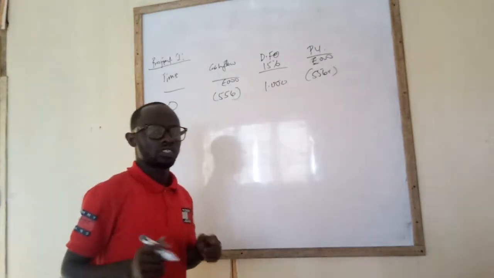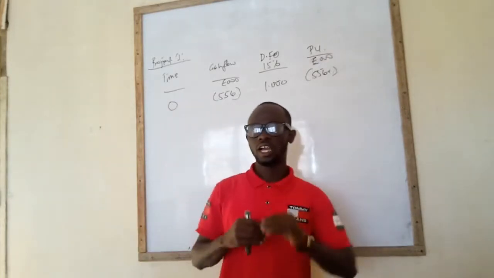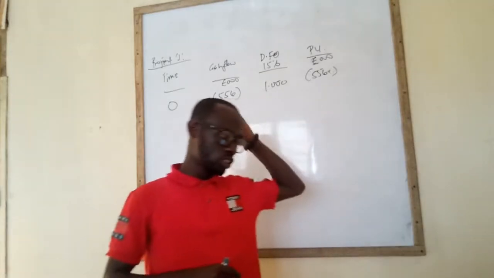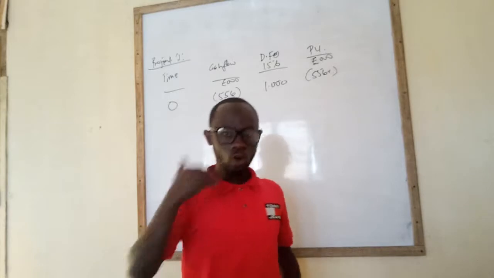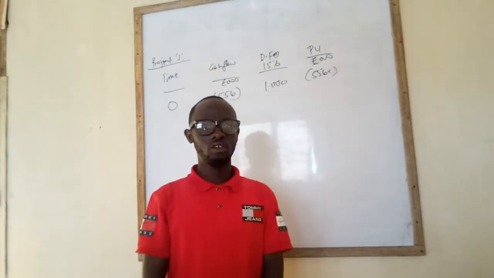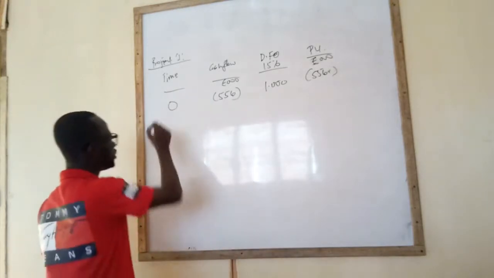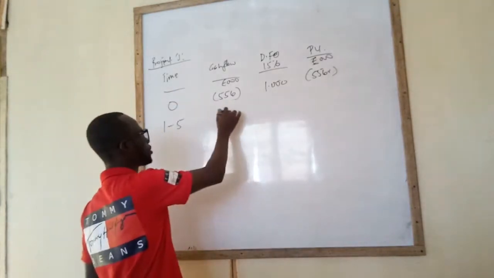Now, in this question, you realize that we are told that every year the company is going to earn $200,000 for the 5 years. So we are receiving the same amount of money over the 5 years. This is where annuity comes in. Are you getting it? So here we're going to be using the annuity from year 1 to year 5. The return is going to be 200.